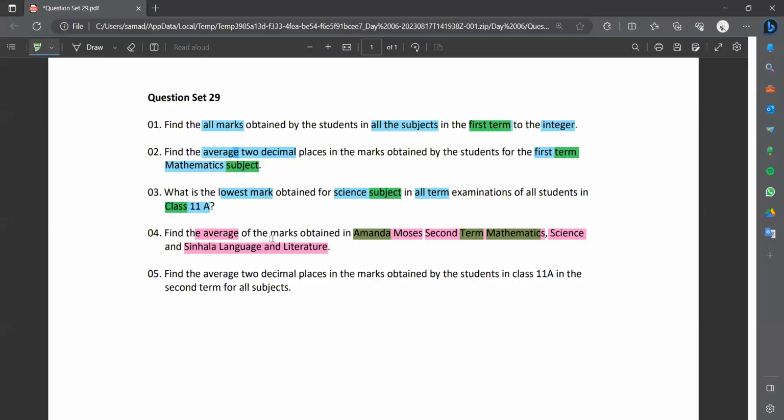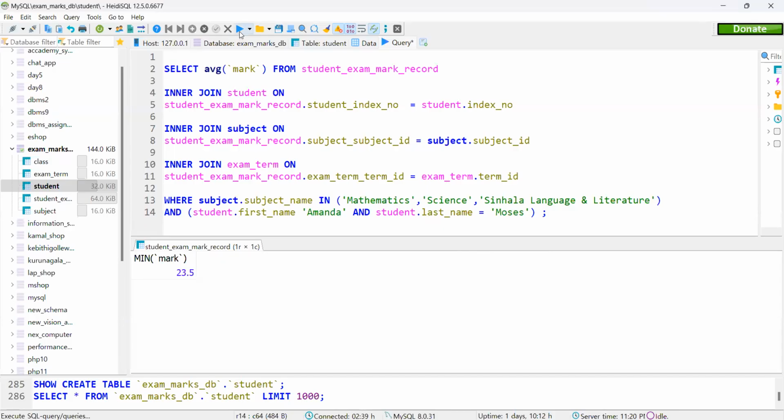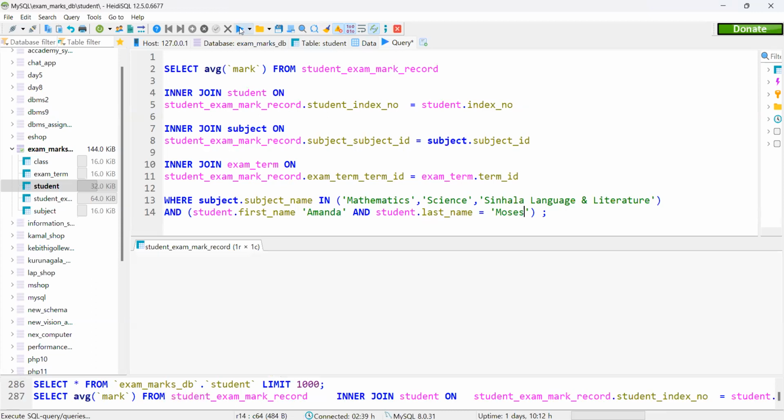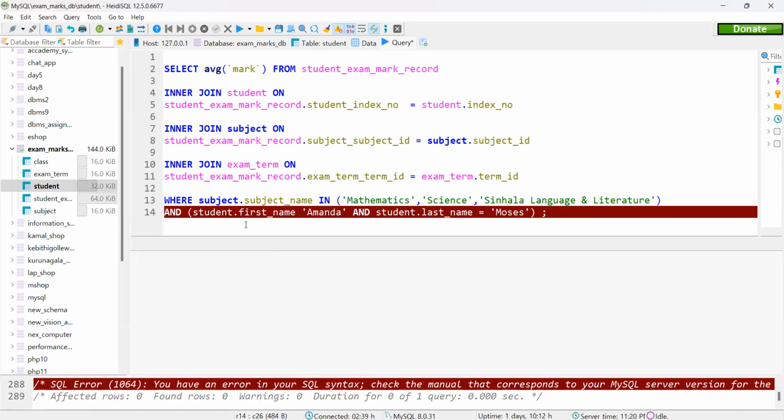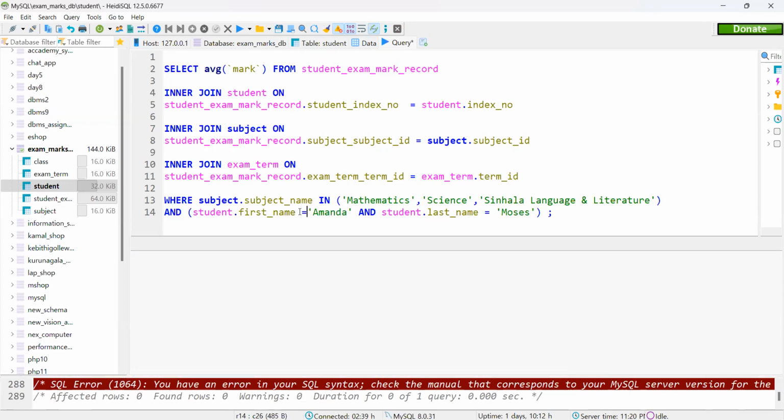Find the average of the marks obtained in second term mathematics and literature. Let's execute that one. Something is wrong.